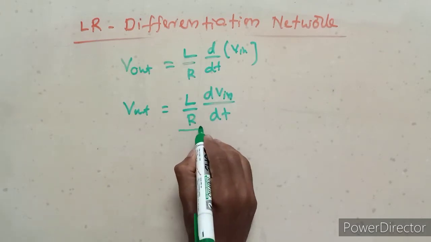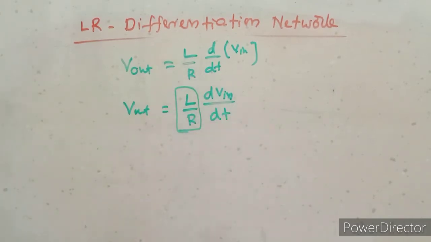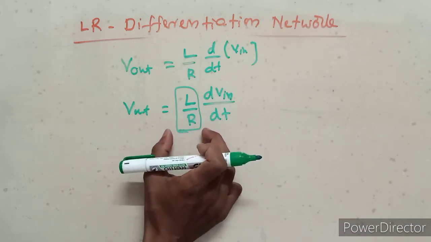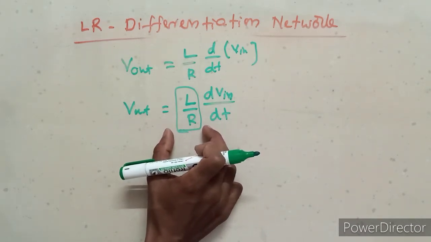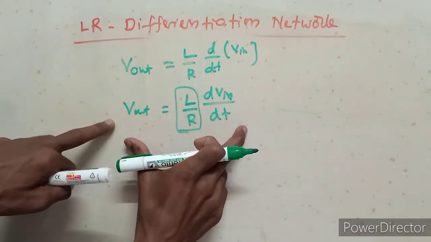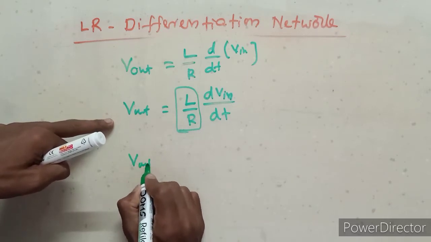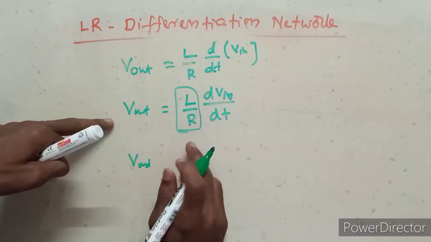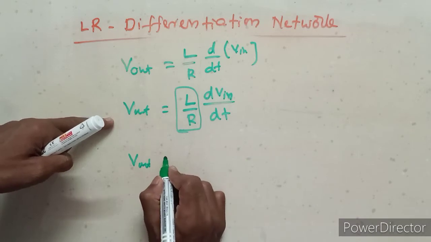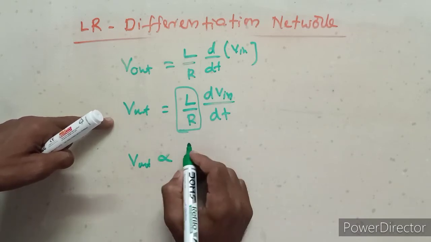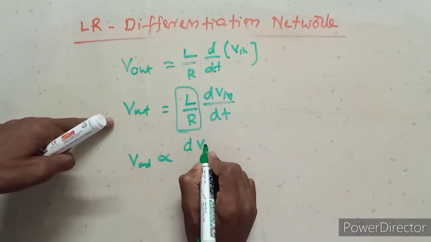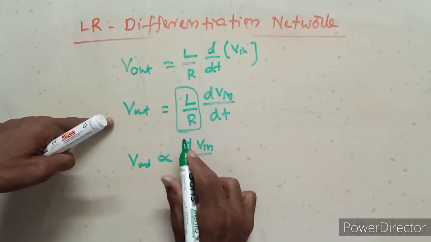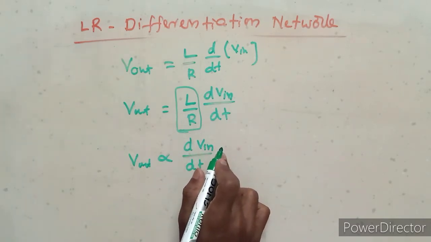Already we know that this is the time constant, so it is a constant. So the output voltage is directly proportional to d upon dt of the input voltage, that is, to the differentiation of the input voltage.